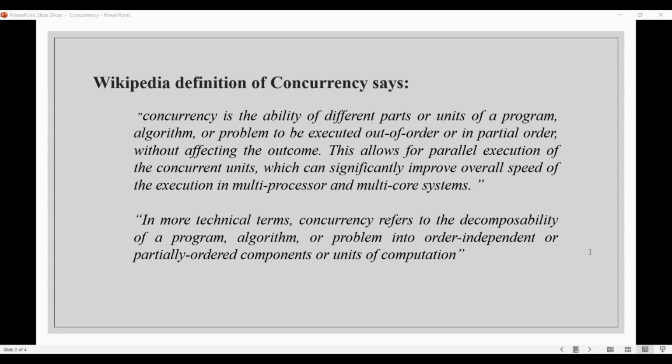And then it also says that in more technical terms, concurrency refers to the decomposability of a program, algorithm, or problem into order independent or partially ordered components or units of computation. So, in simple words, it means concurrency enables multiple processes or threads to run in parallel, improving the overall performance and responsiveness of the system.